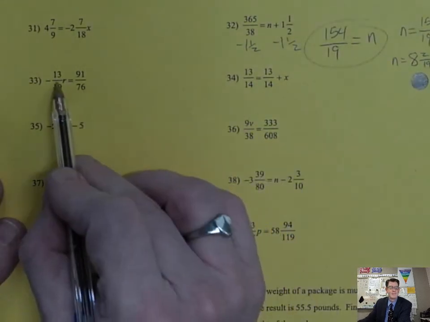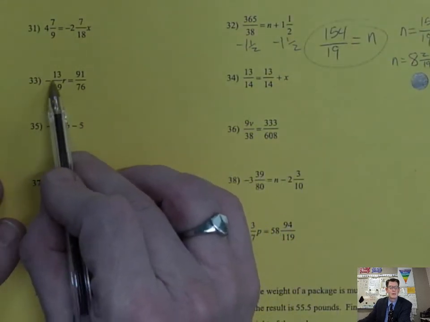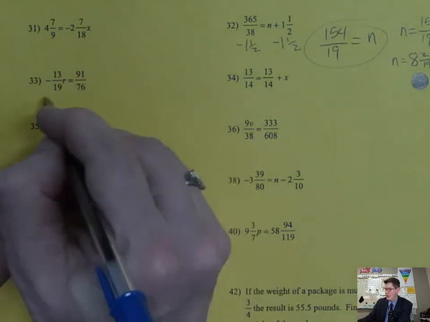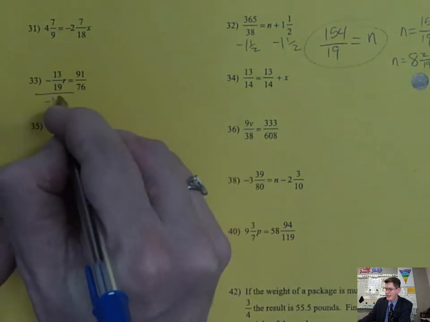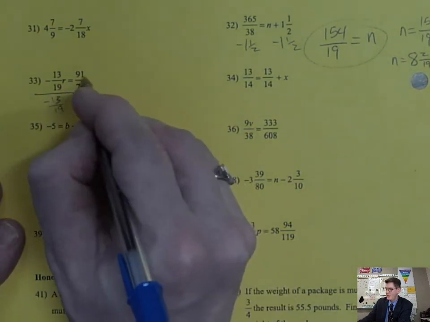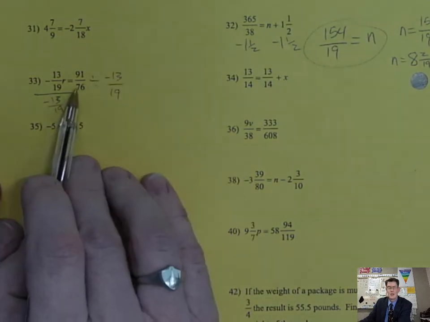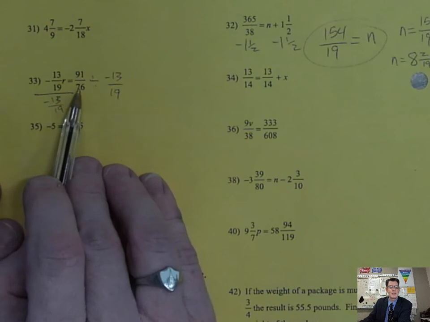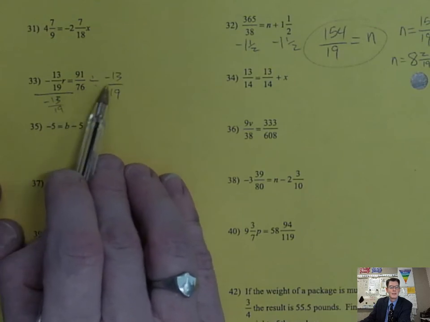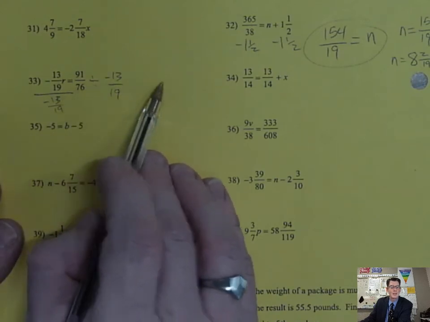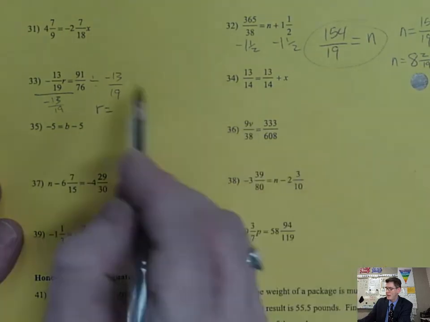On this one, negative 13/19 r is this. Just divide off that negative 13/19 and take this and divide off the negative 13/19. So when you type this in your calculator, 91/76 divided by negative 13/19, you'll get an answer. And that is what r equals.